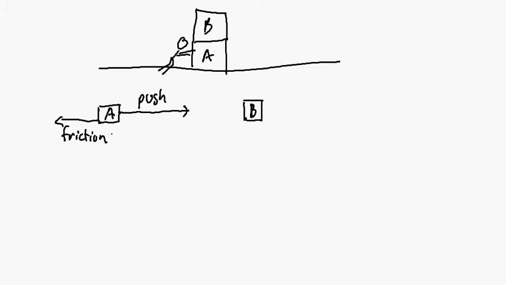This can be a little bit tricky to think about because we know that crate B needs to be moving in the forward direction by the end. Logically, we know that's going to be the case, but we might expect the friction force to be in the reverse direction here.